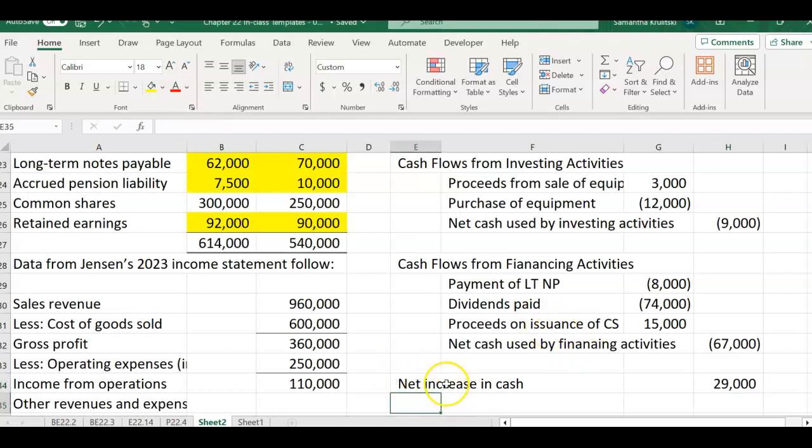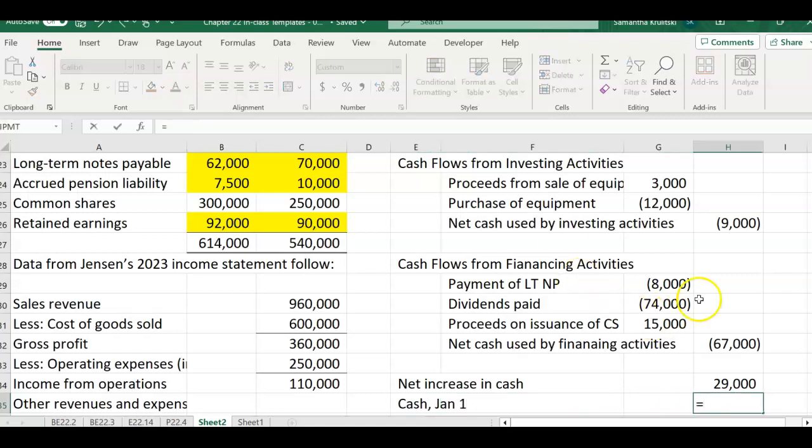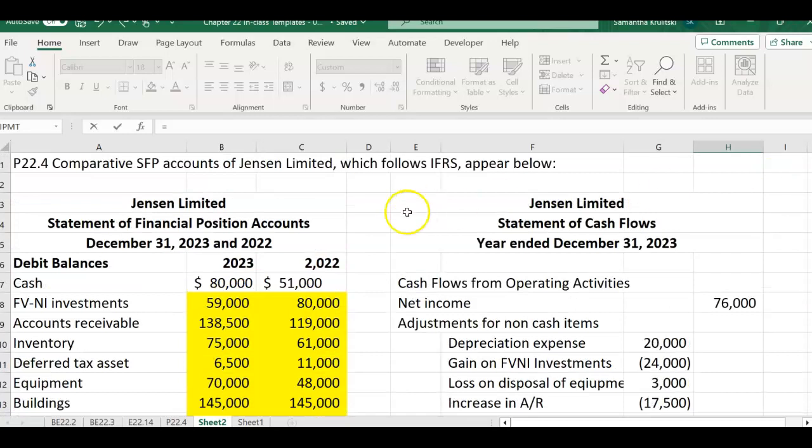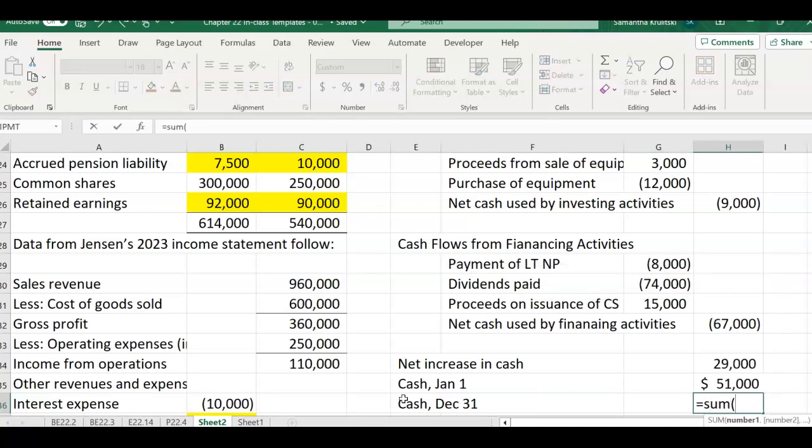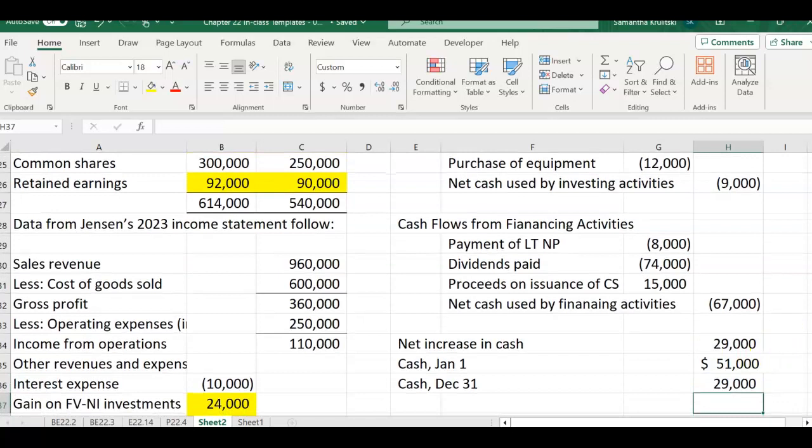Now I'm going to add it to my opening cash, my cash on January 1st, which I'm going to get from my balance sheet here. I can see cash at the beginning of the year was $51,000. So my cash December 31 should be the total of those two, the change in cash and my beginning cash, and that should equal my closing cash.